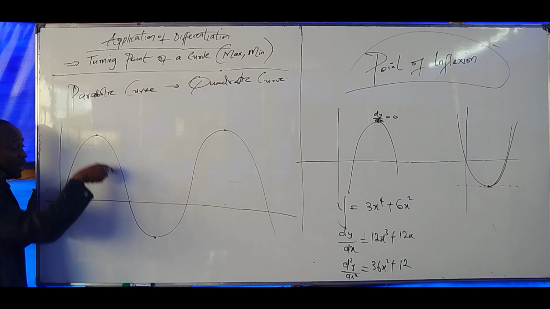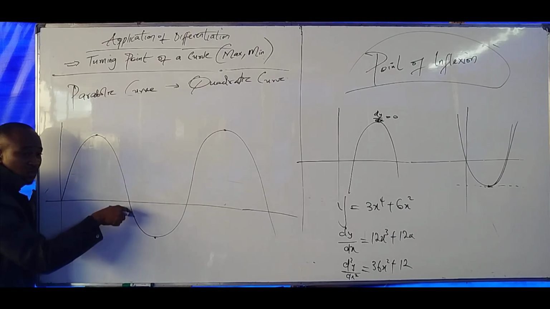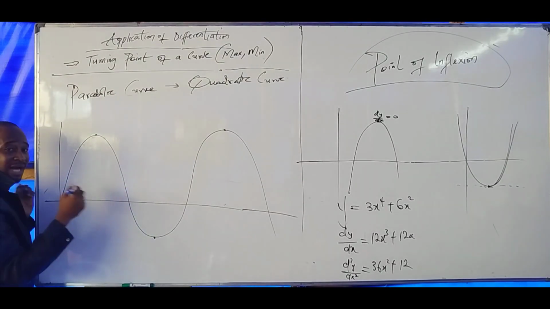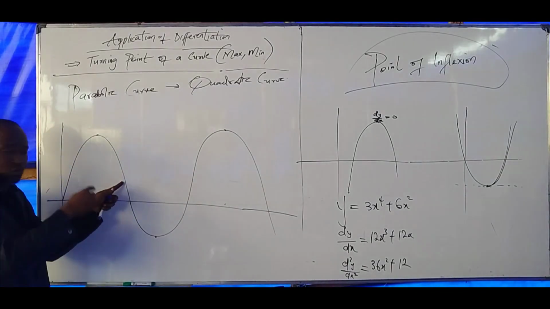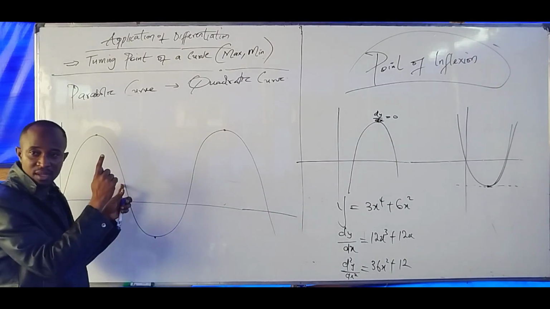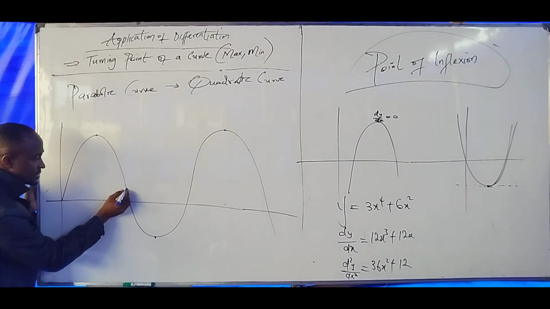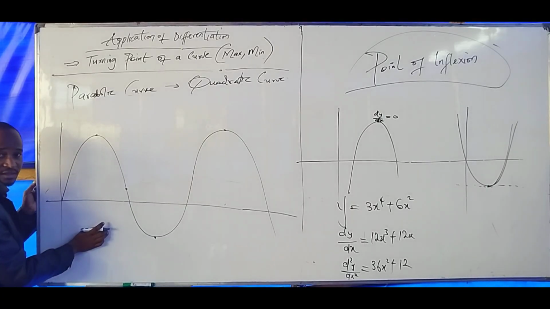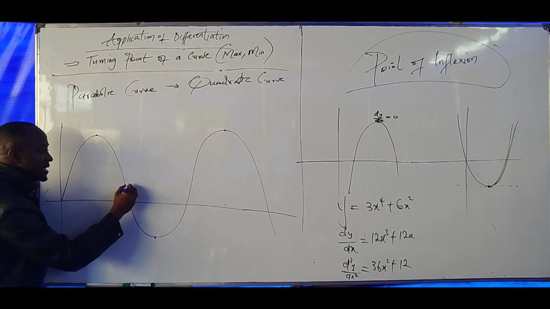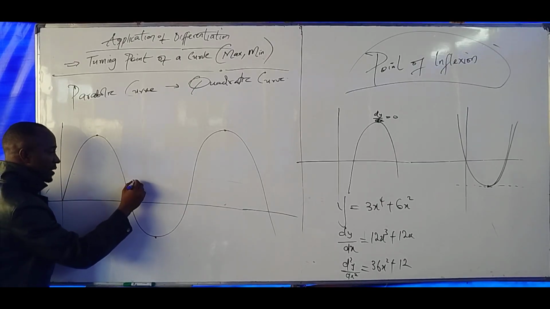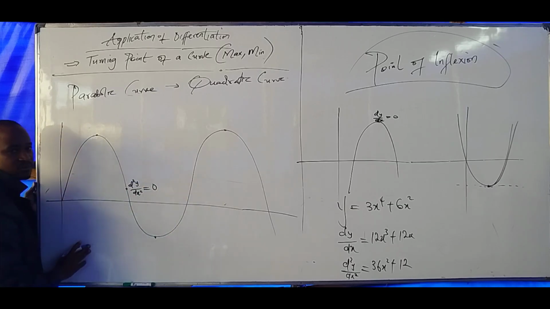There's a point along this line where this curve changes what? Direction. That point where this curve moves from maximum to what? Minimum. It's called a point of what? Inflection. It can be along this line, right? Is it not true? So that means that at this point we have a point of inflection. It means that our d squared y over dx squared must be equal to what? 0.